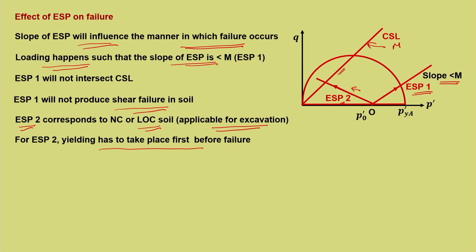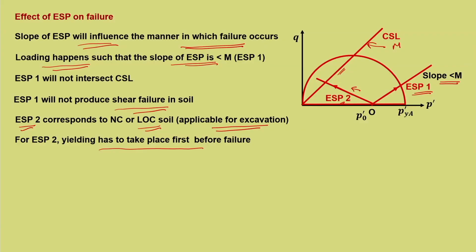When did it cross the critical state line? First, the effective stress path crosses the critical state line, yields and then comes back, means it is a typical HOC behavior. But now our point is LOC. In all our previous discussion, for LOC and HOC, it yielded first and then went ahead towards the critical state line.